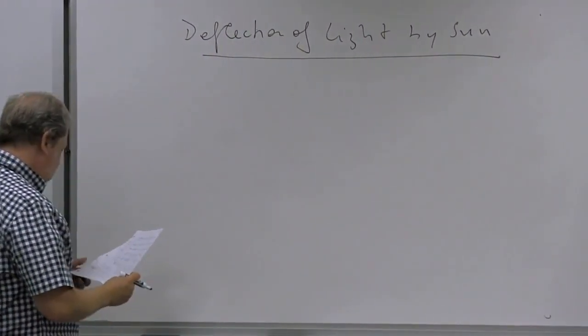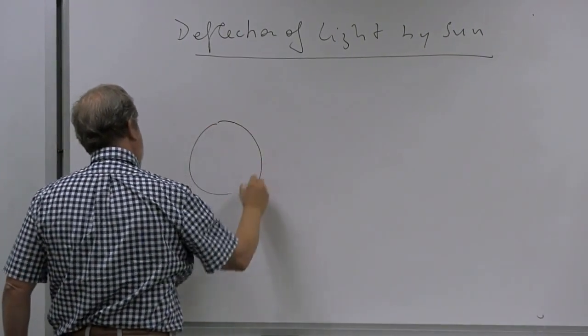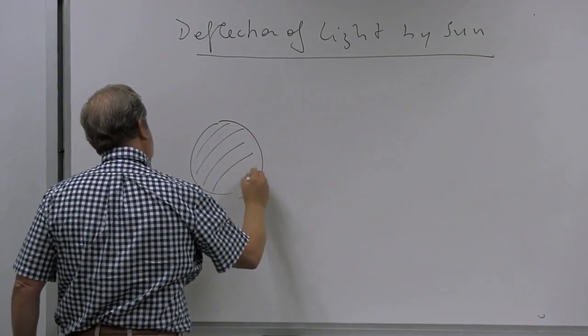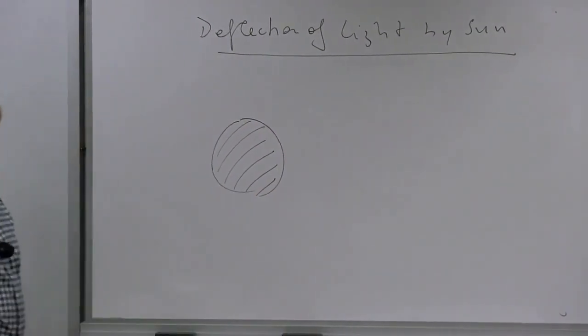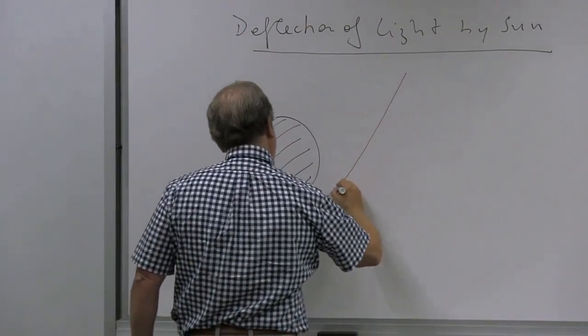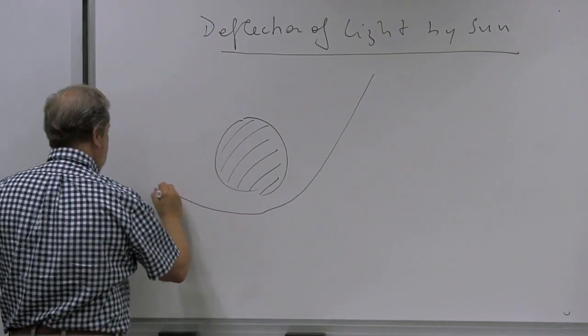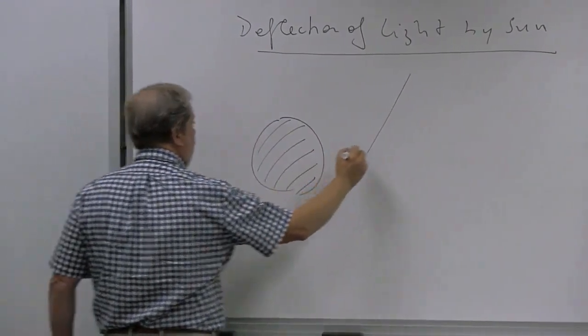So the picture we want to draw here is one where we have the sun, and then light comes in, say from a distant star, and as a consequence of the effects of gravity, its path is deflected in this way.